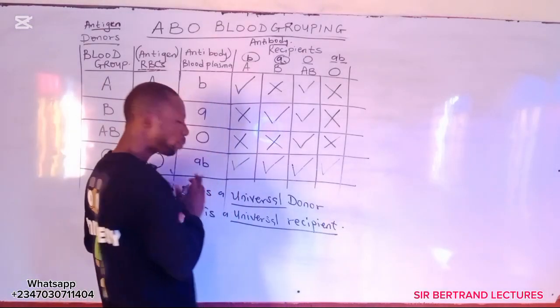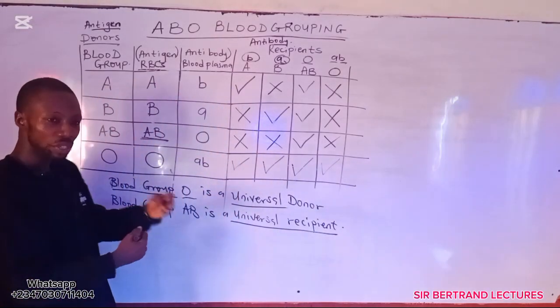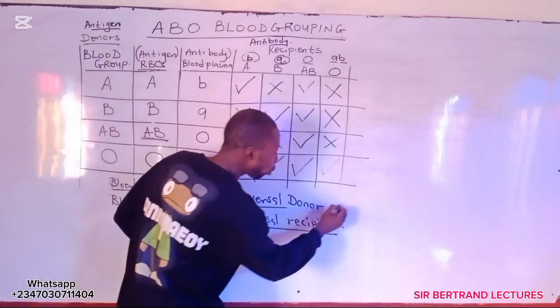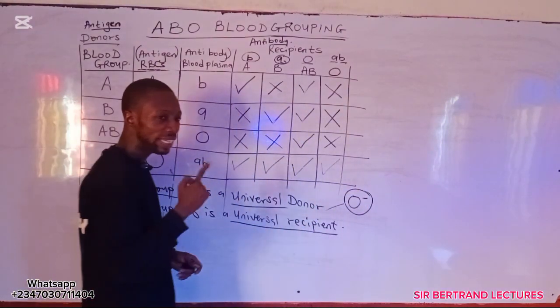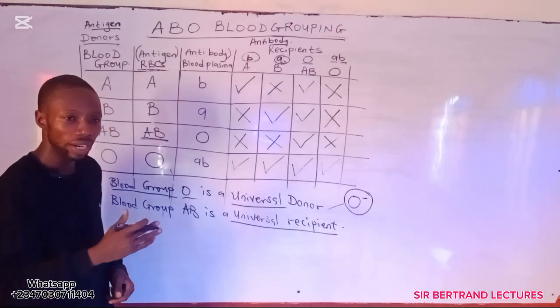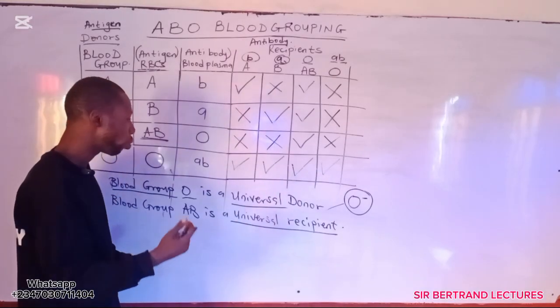Okay, but there is this special blood group O that is a universal donor, and that is blood group O negative. Blood group O negative, to be precise, is the one that is a universal donor.